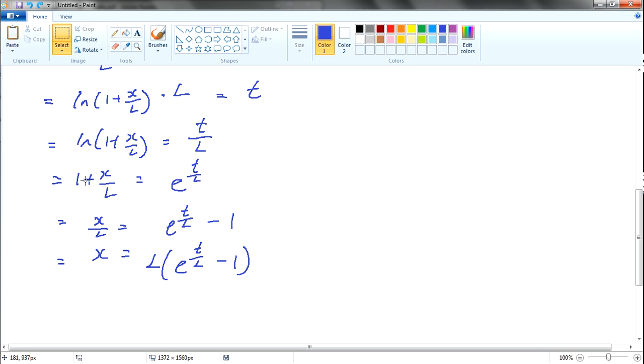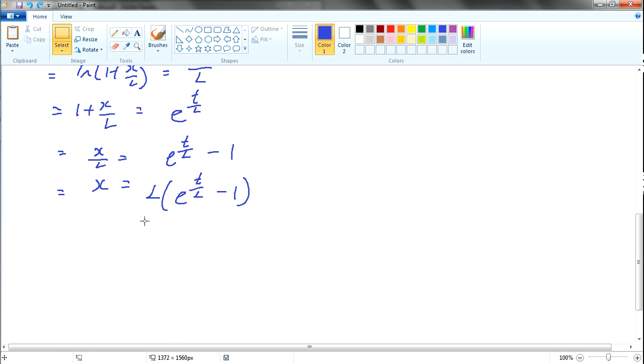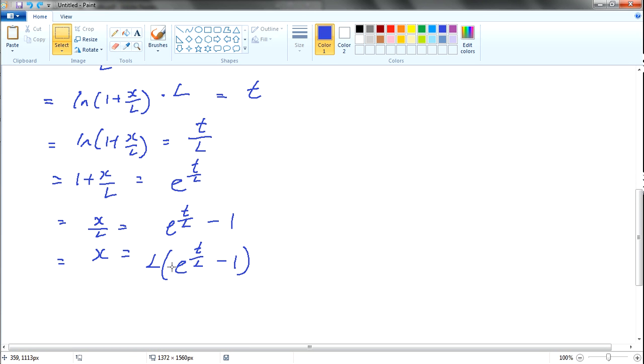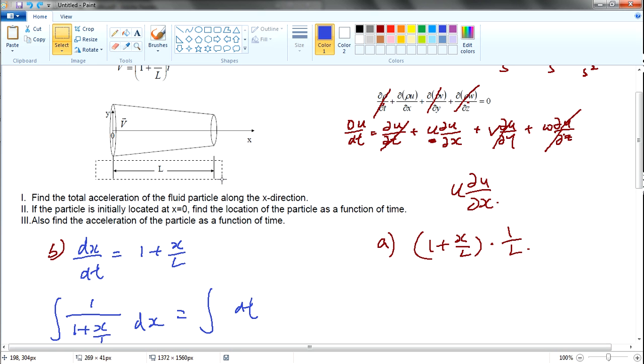Now we do exponential. e to the power of ln is equal to 1, so we have this one, and then you just rearrange, bring the minus 1 over here, bring this L over here, and eventually you get this. So this is the equation that describes your position at a certain time t, and with a certain length of this nozzle itself.